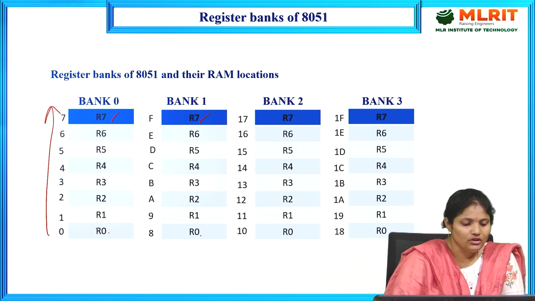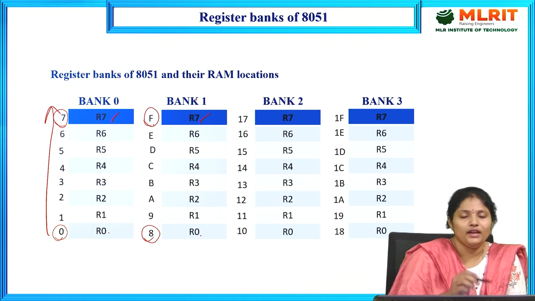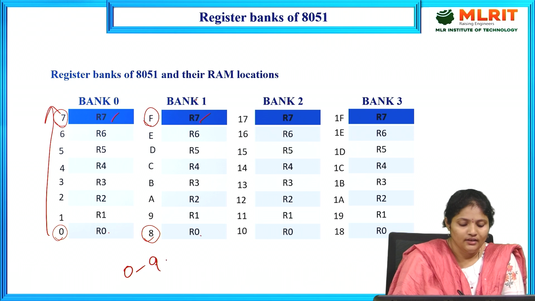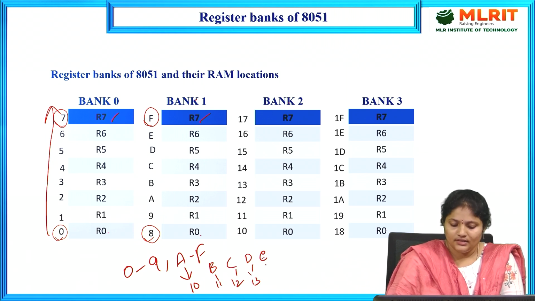R0 of bank 0 will be at location 0, up to 7. Next, 8 to F. Why A to F? Because in the 8051, everything is related to hexadecimal numbers. Hexadecimal representation always goes from 0 to 9 and A to F. We represent A as 10, B as 11, C as 12, D as 13, E as 14 and F as 15.